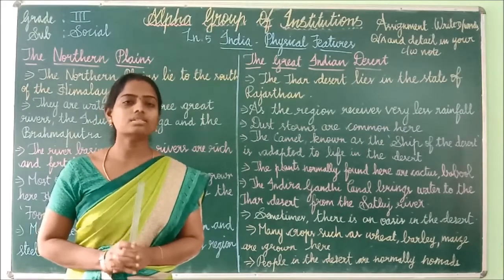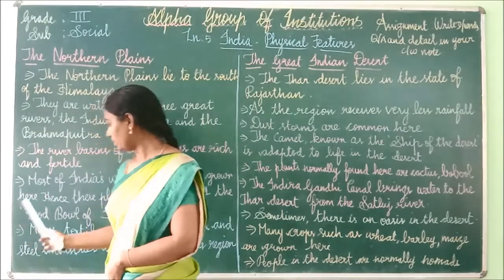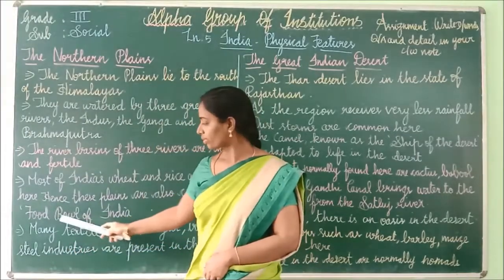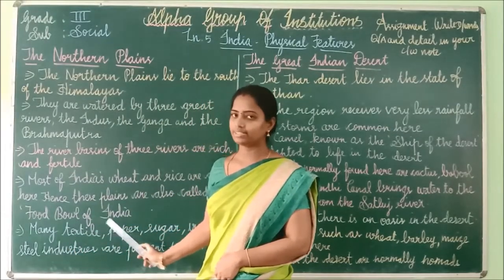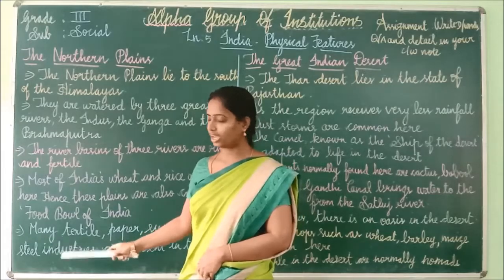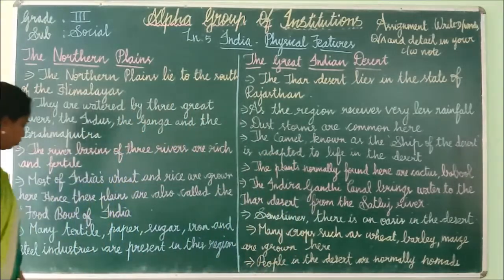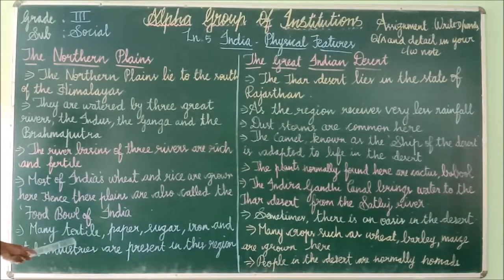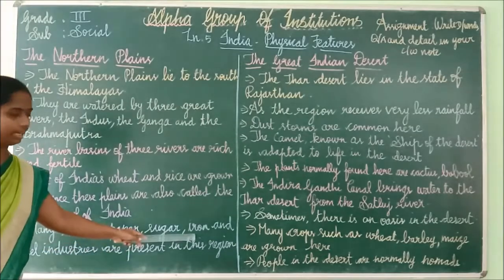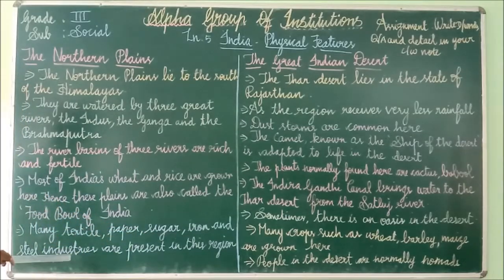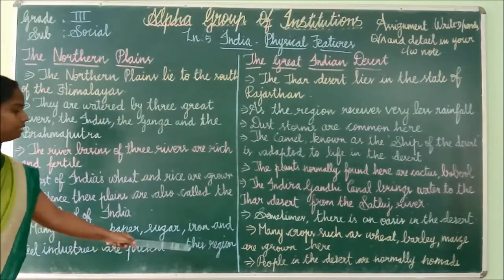So this is mainly called the food bowl of India. It is a very important point, children. Food bowl of India. And then what they said about the last point: many textile, paper, sugar, iron and steel industries are present in this region.